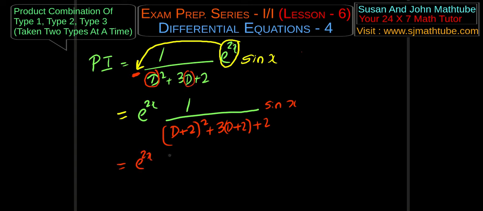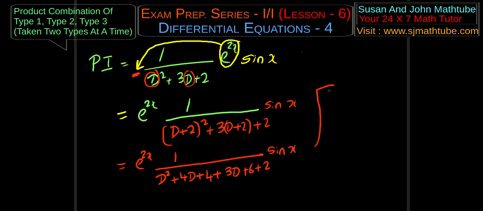Now simplify it. So e to the power 2x times 1 divided by d square plus 4d plus 4 plus 3d plus 6 plus 2 of sin x, and that is equal to e to the power 2x times 1 divided by d square plus 7d plus 12 of sin x.